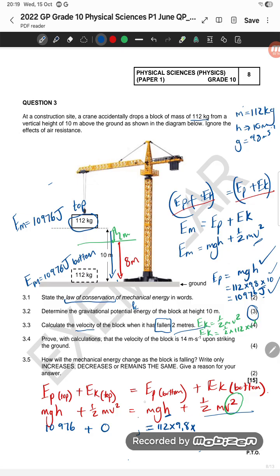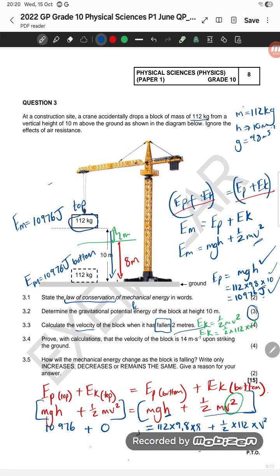Because now this side is equal to this side, but now I've got 8 meters to fall, potential gravitational energy, plus half, my mass is still the same, times 112, and then you just algebra it out, v squared.